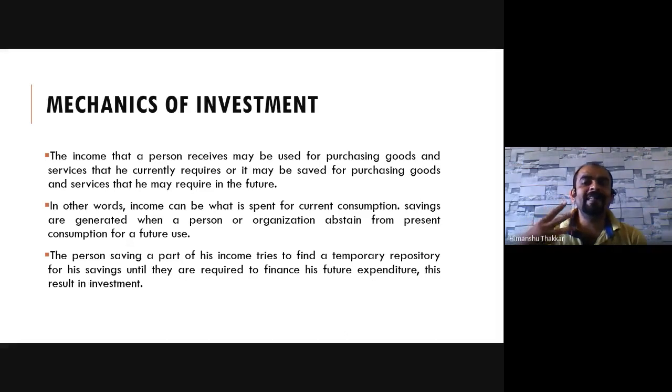So we have seen three parts of understanding how investment basically comes into the picture. First, a person is earning an income. Out of that income, that person decides to either spend the money for the current requirements in the form of buying goods and services, or if he or she thinks that he or she will need money in the future, then he or she controls the expenditure, does not spend all the money which is earned, keeps the money aside.